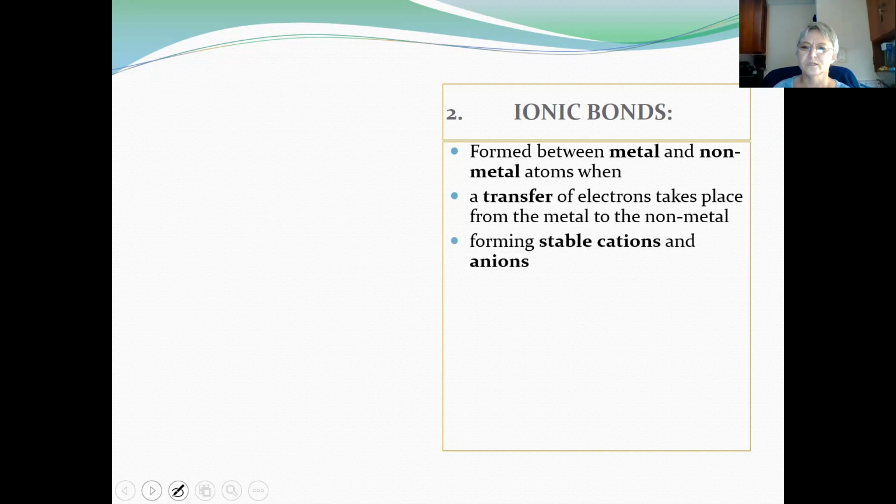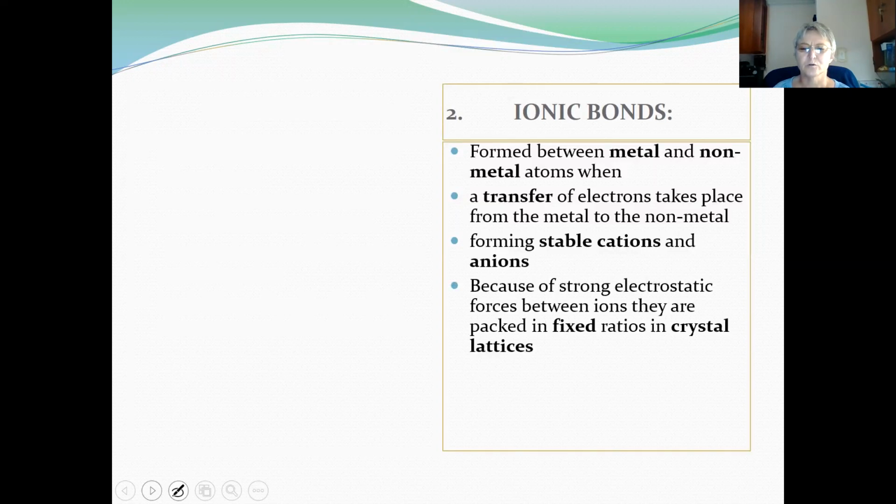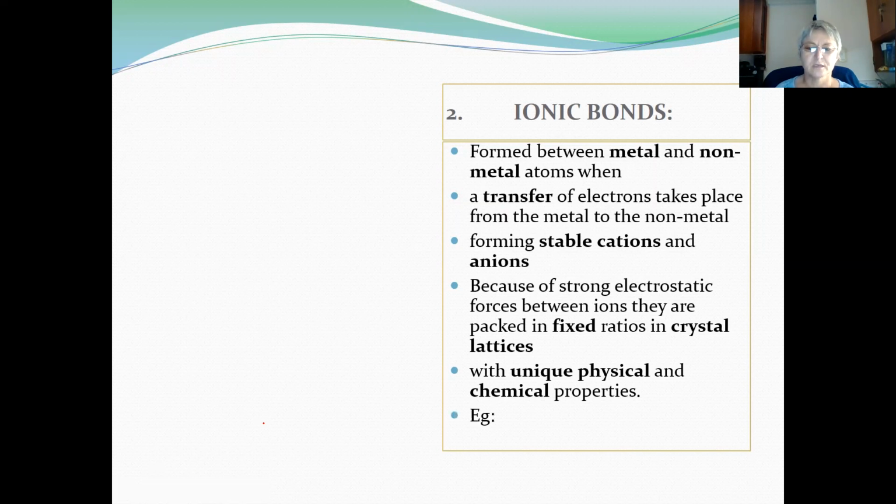The metal forms stable cations while the non-metal forms stable anions. Because there are positive and negative charges, there are strong electrostatic forces between the ions, and they are packed in fixed ratios in what we call crystal lattices. These compounds also have unique physical and chemical properties. The example I'm going to work through is that of sodium.